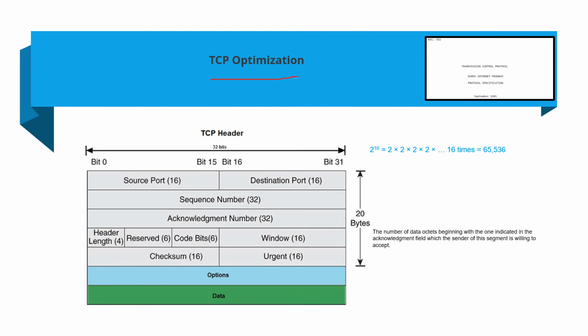If you read RFC 793, you can see this is my window size. By default, it comes with 16 bits. So 2 to the power 16 gives you a value of 65536. That's the default max window we can get with an unmodified TCP stack.